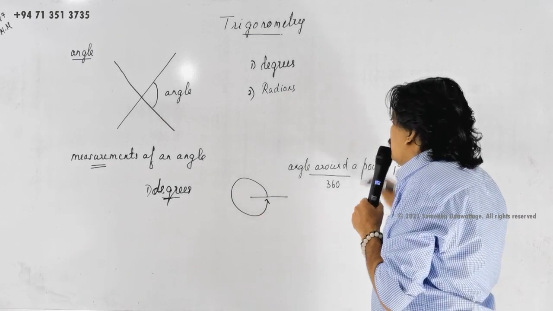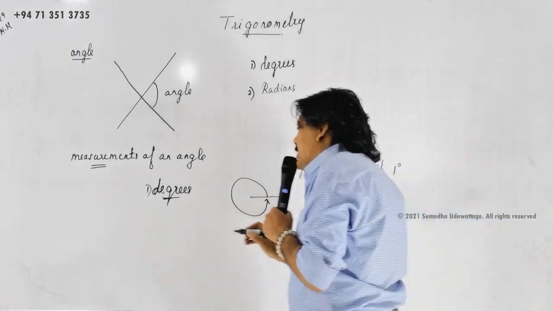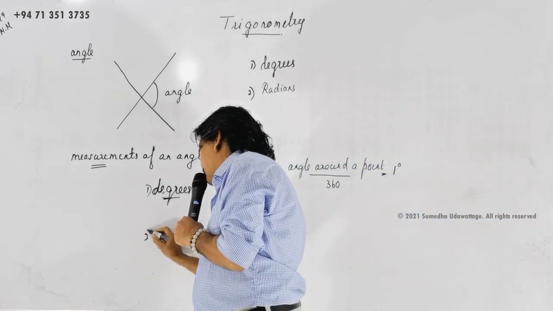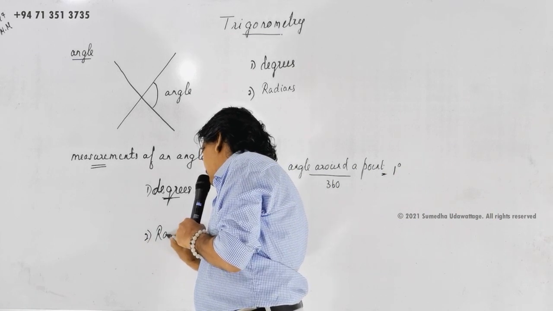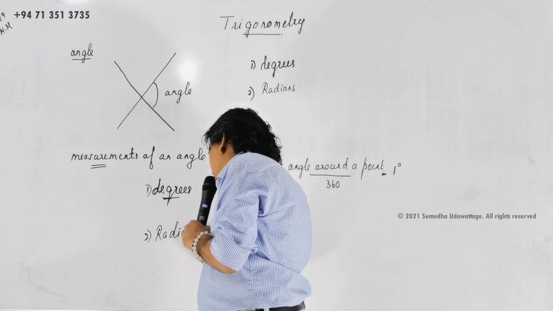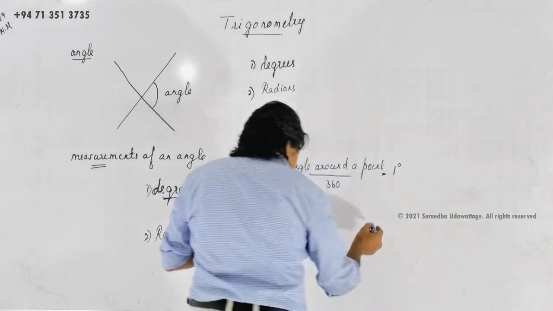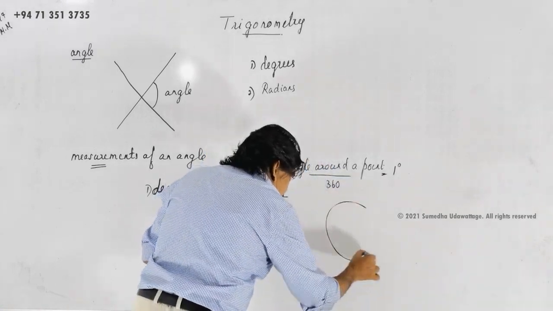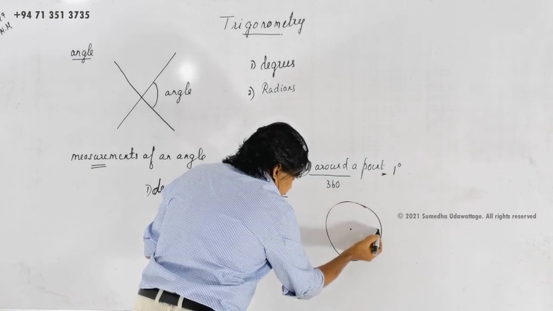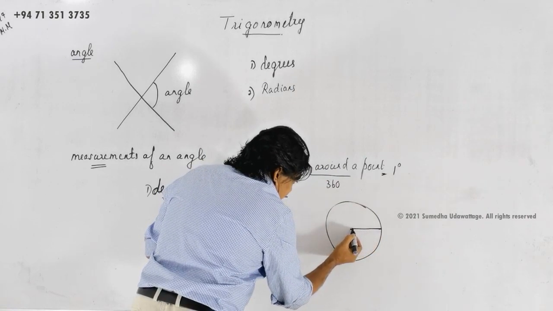Then 2, radians. You take a circle, and the radius of the circle.